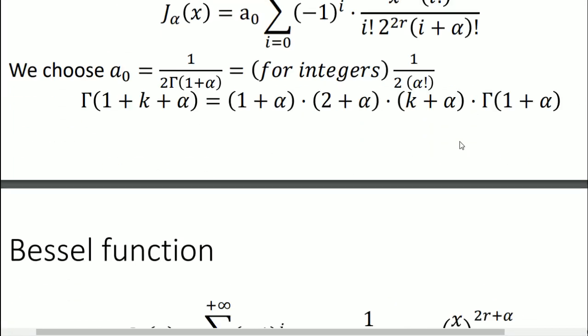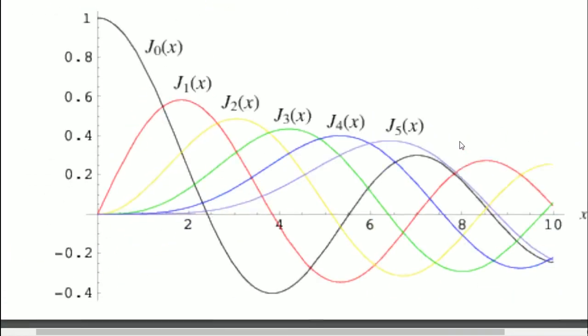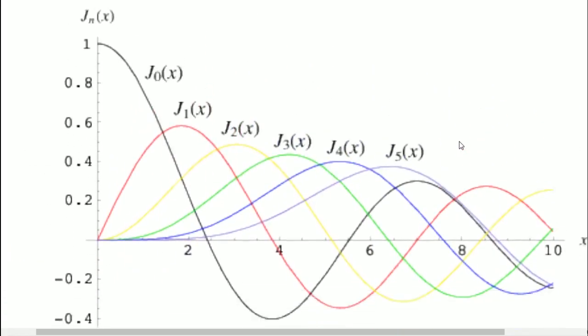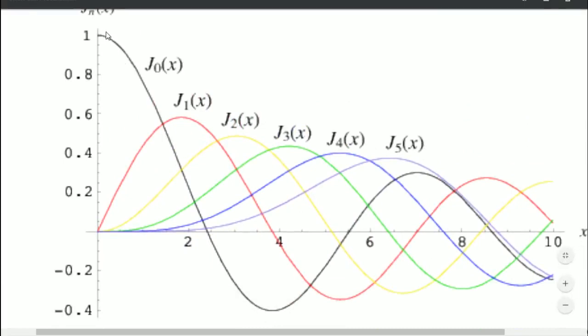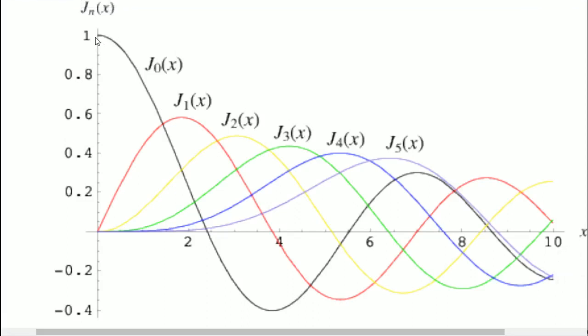So this is why it's interesting. So this is what the Bessel function looks like. So you get J0. The only important thing to notice is that in 0 it's equal to 1. And then you can notice that it oscillates. And that's it.